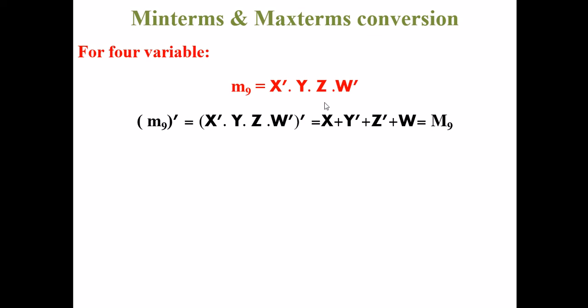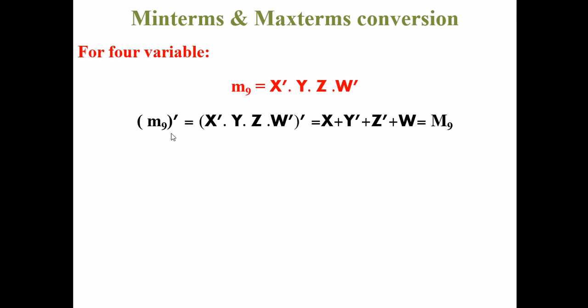For the case of m9 minterm, you know it is sum of products. So it is a single term representing product, that is x complement dot y dot z dot w complement.